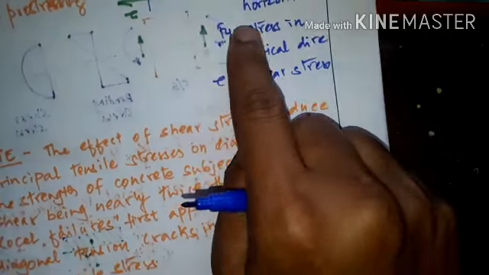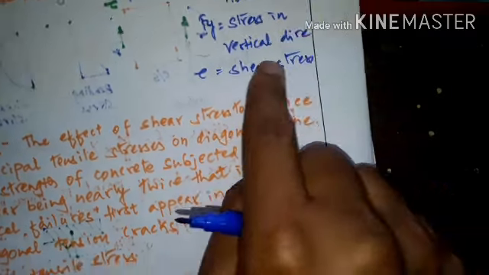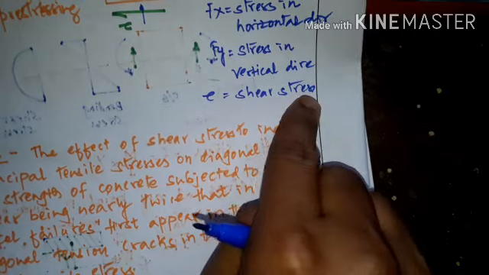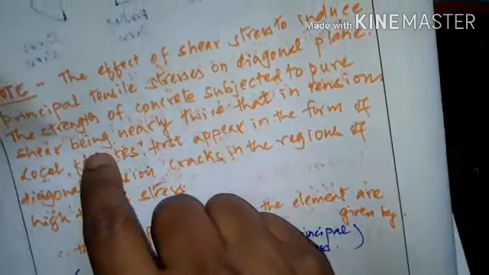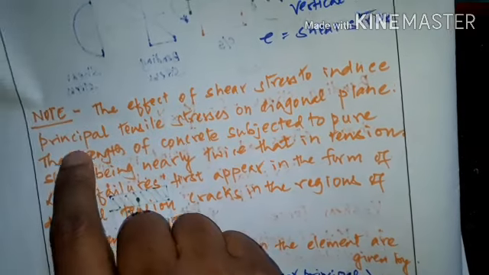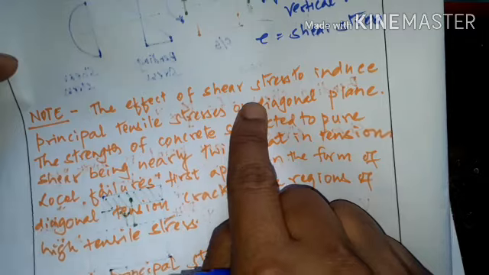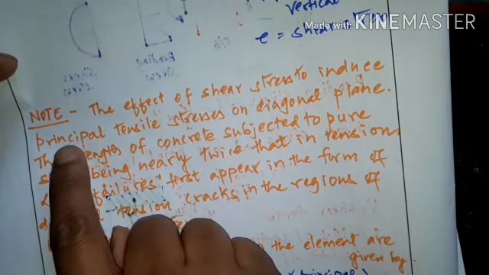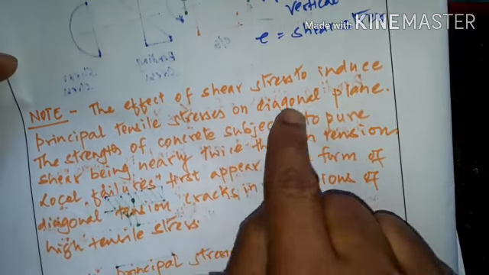I have written here: Fx is stress in the horizontal direction, Fy is stress in the vertical direction, tau is shear stress. Understood? Below that I have given one very important note: the effect of shear stress is to induce principal tensile stresses on the diagonal plane.